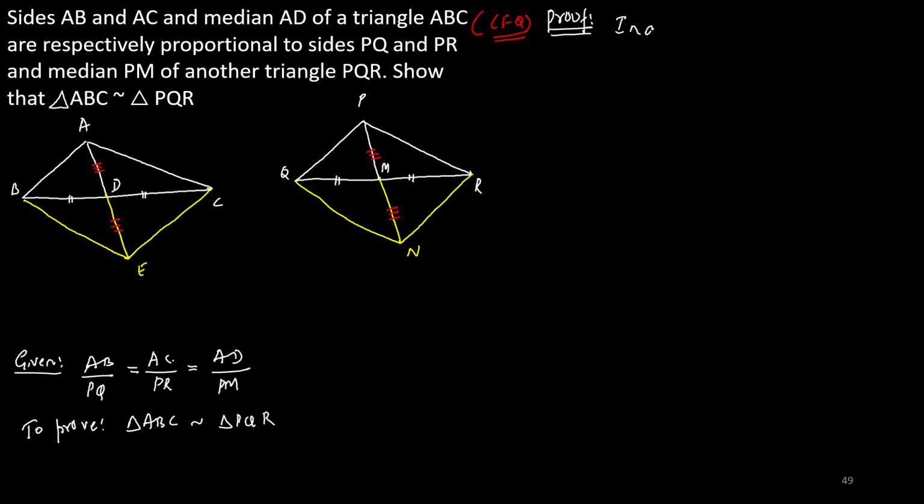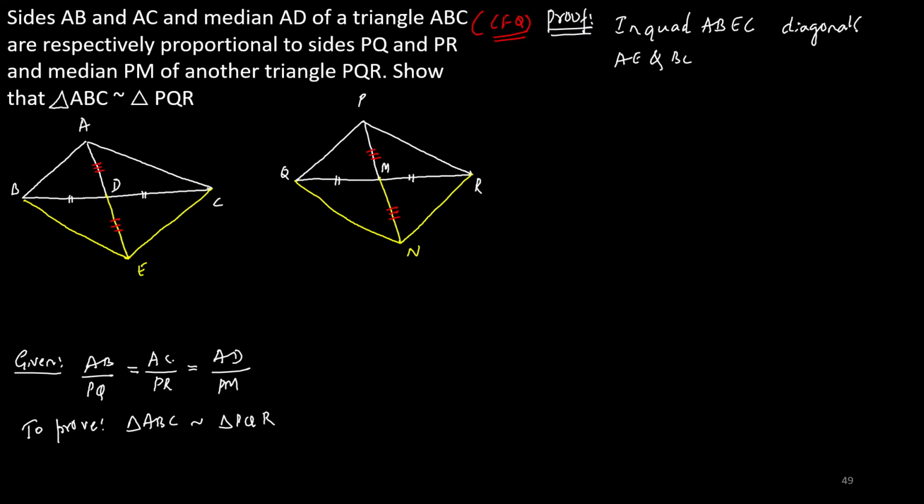In quadrilateral, look at the screen very carefully. In quadrilateral ABEC, AE and BC are nothing but the diagonals, correct?